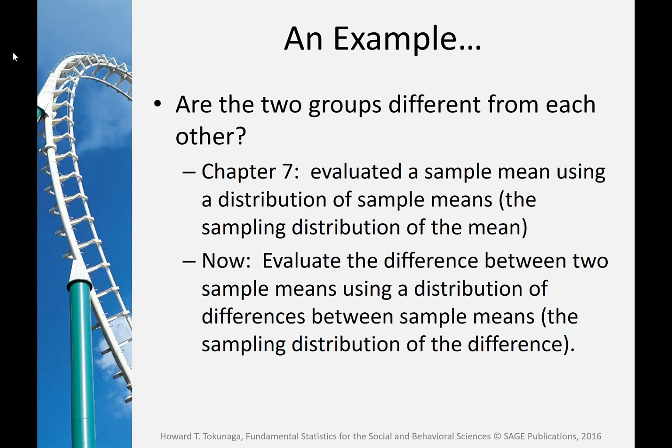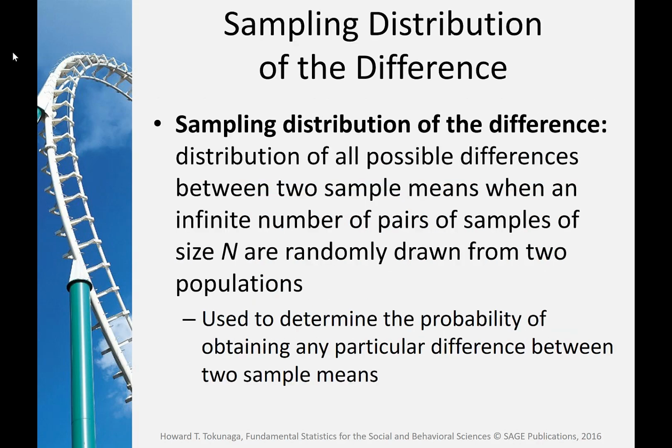Now what we're going to do is look at the probability of two sample means from a distribution of differences between sample means. So we're going to take our normal distribution and give it a new name: the sampling distribution of the difference.